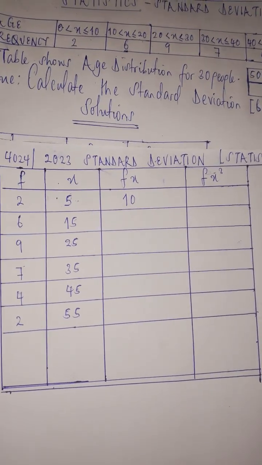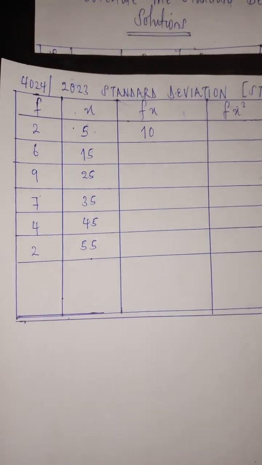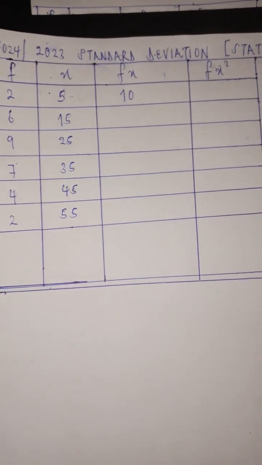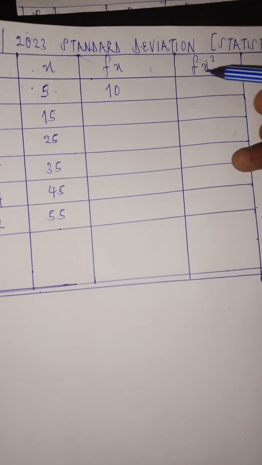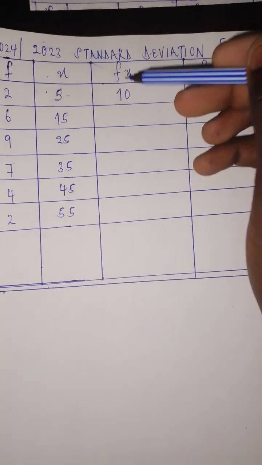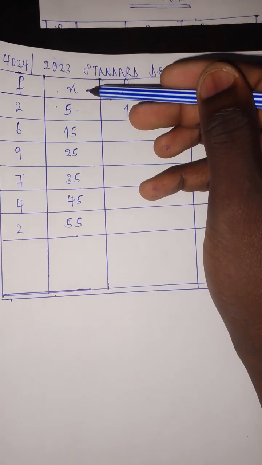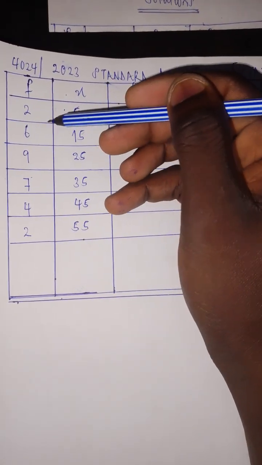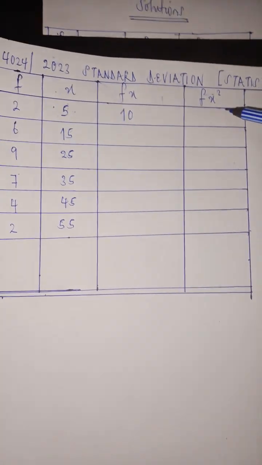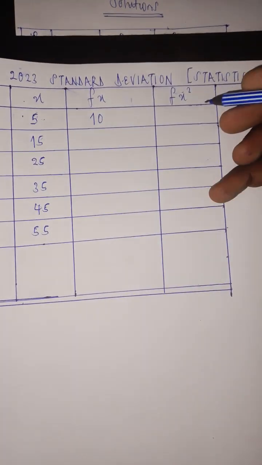Okay, to calculate f of x squared, I'm going to say f of x multiplied by x. Or I can square x, that is the midpoint square, multiplied by f, but the simplest way is just to multiply f of x by x in order to get f of x square. So I'm going to say 10 by 5, that is 50.